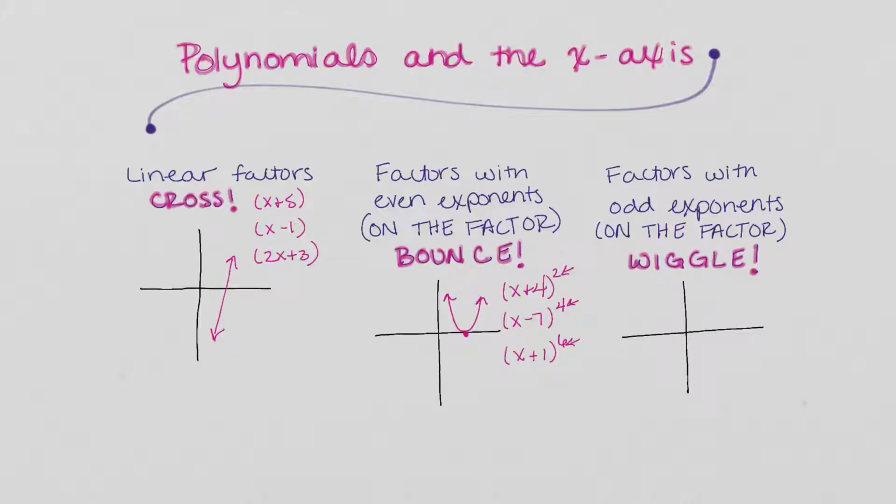It's a bounce. Now, this is really important that we remember that this only works with even exponents on the factor. Notice that all of my exponents are on the outside of my factor. They are not in the parentheses. They are on the entire parentheses, quantity (x plus 4) squared. If you had a factor like x squared plus 5, that is not a factor with an even exponent.